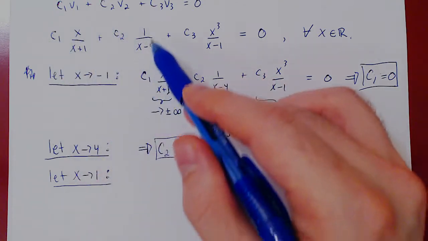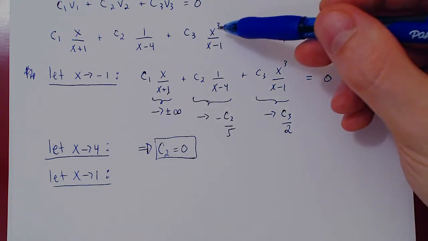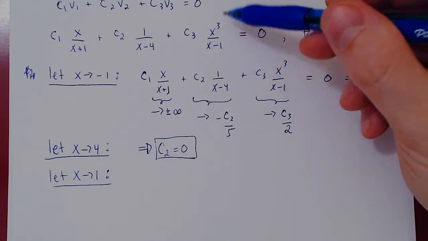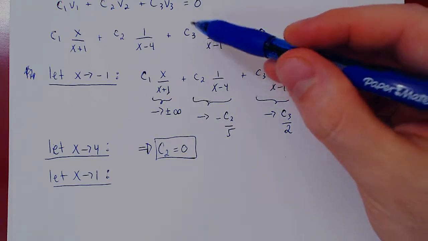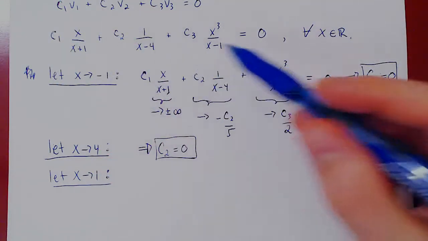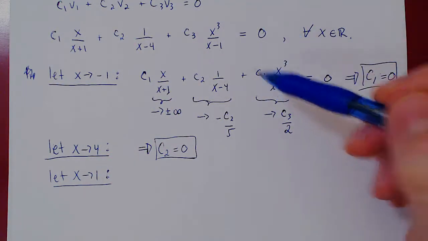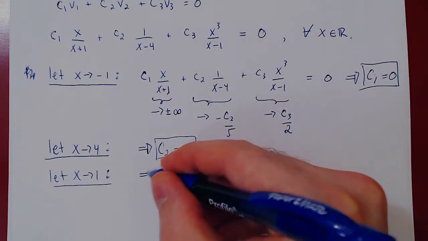So both of these functions remain bounded as x approaches 1, but this will give you a 1 over 0 case, which will blow up to either positive or negative infinity. So if c3 is not 0, this term blows up, these two remain bounded, the sum can't be equal to 0. Therefore, this term can't be here, therefore c3 must be equal to 0.